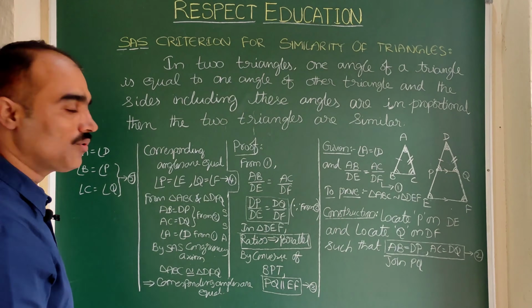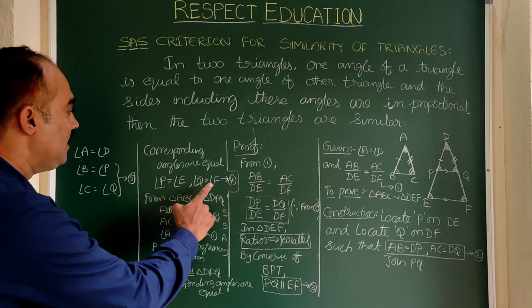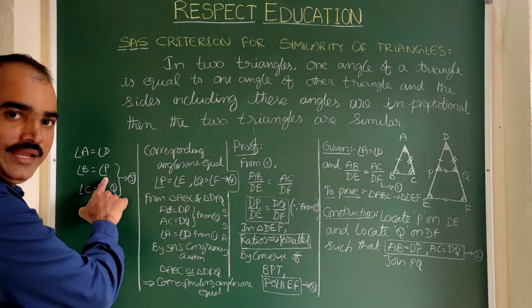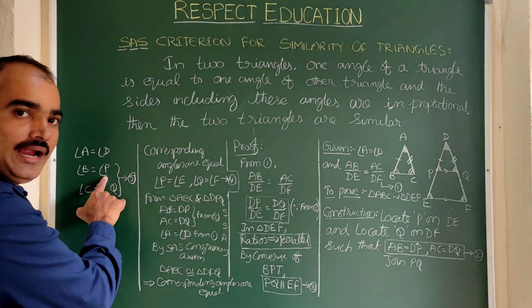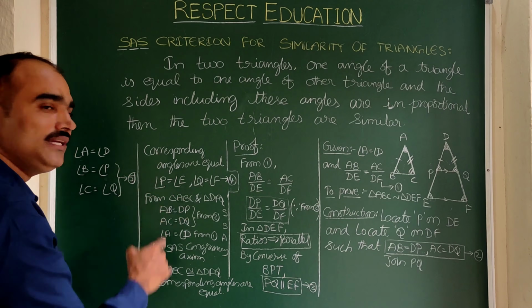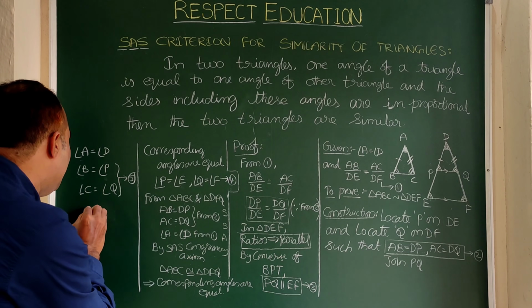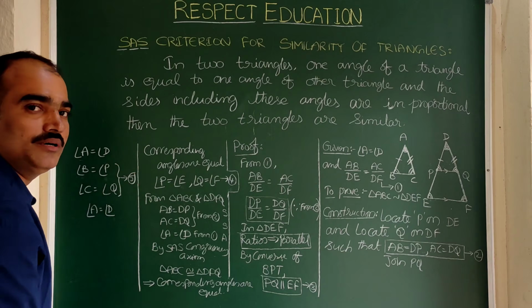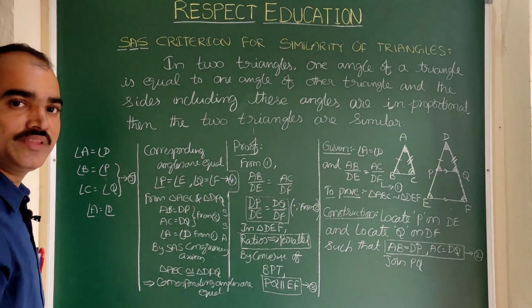Now we came to the conclusion. Compare 4 and 5. Here you see angle B equal to angle P, and at the same time P equal to E also. Therefore we can write B is equal to E. Let us write angle A equal to angle D as it is.